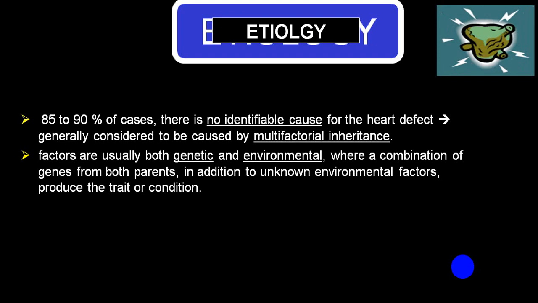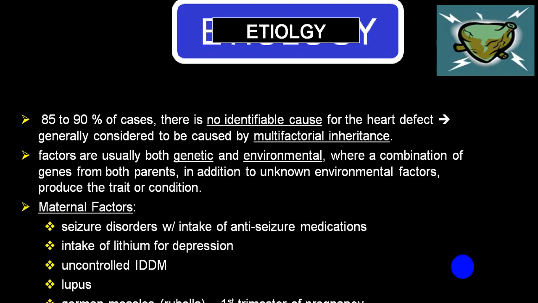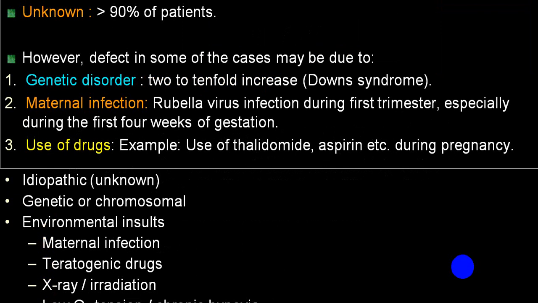But there are some maternal factors which can be responsible for congenital heart disease, like seizures or taking anti-seizure drugs, lithium taken for depression, uncontrolled insulin-dependent diabetes mellitus, lupus, and German measles or rubella, particularly if it occurs in the first trimester of pregnancy. These are some of the contributing factors. By and large, we always say 90% of the time it is of unknown etiology.